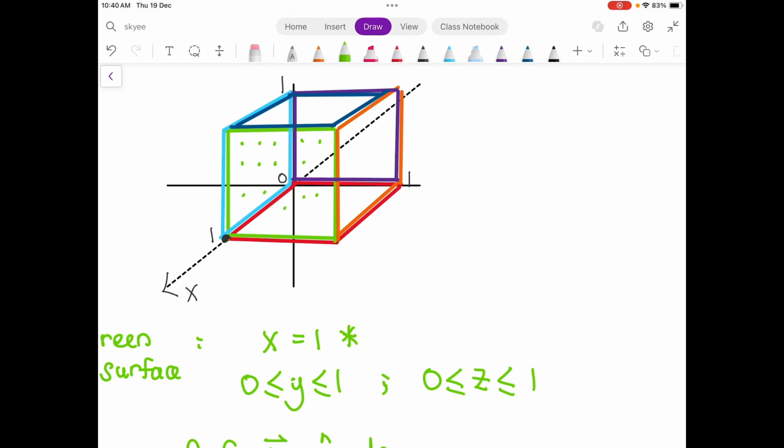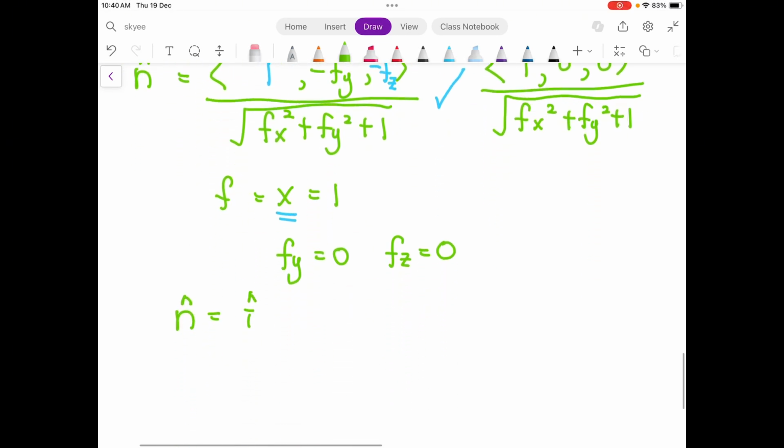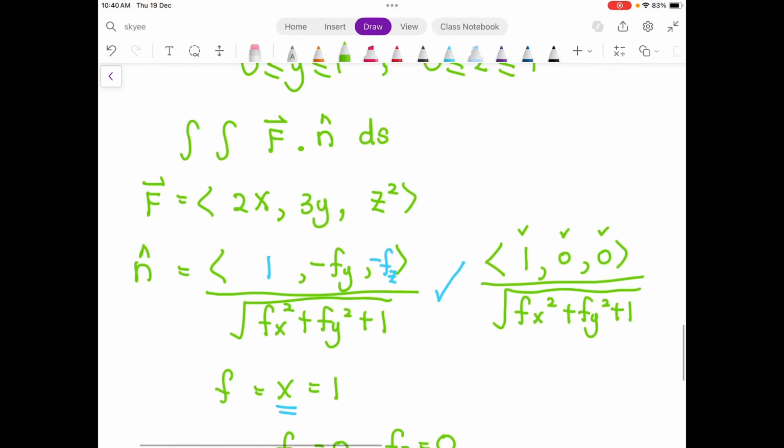All the flux coming out from the surface will be in this direction, the x direction, which is the positive i direction. That's why you have your unit vector n in the i direction.